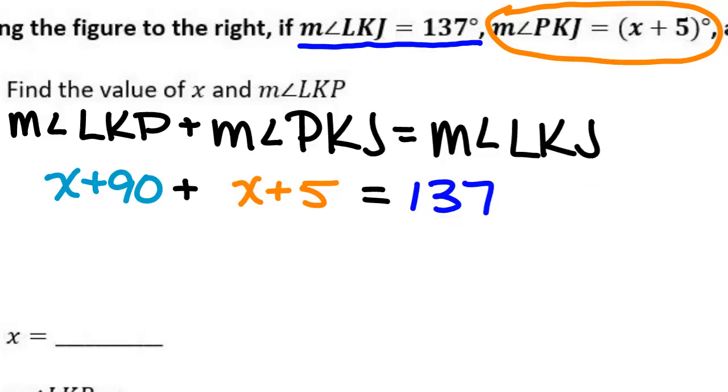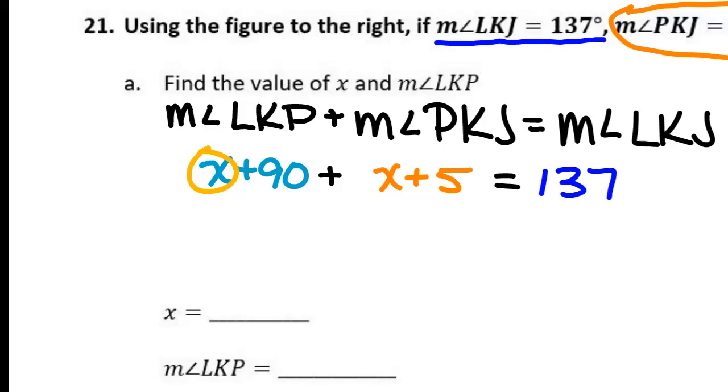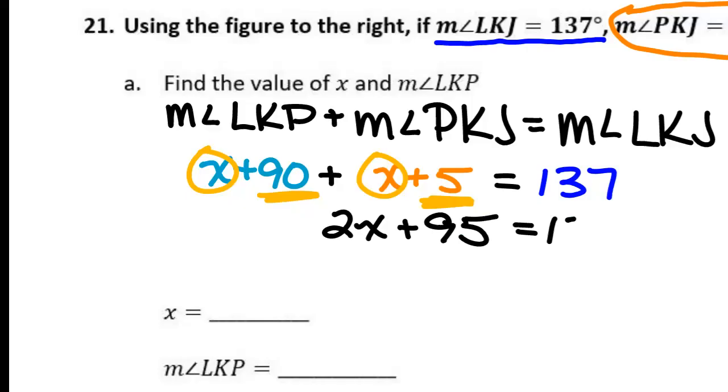And now we're going to combine our like terms together. I have x and x that combines to give me what? 2x. And then we have the constants. Constants are things that don't have variables with them. What do I get when I combine the constants together? 95. 2x plus 95 equals 137.